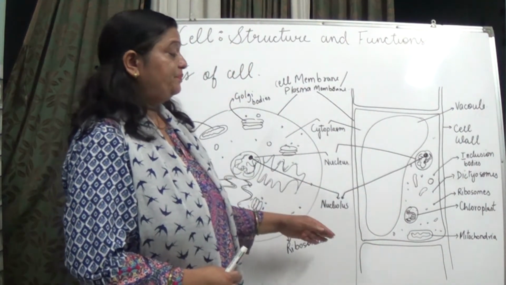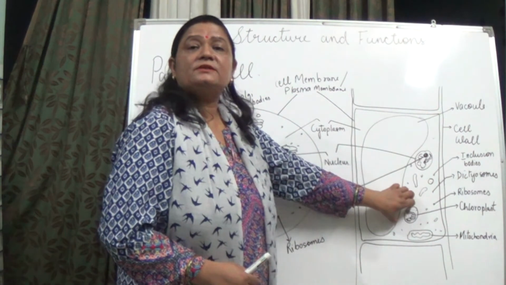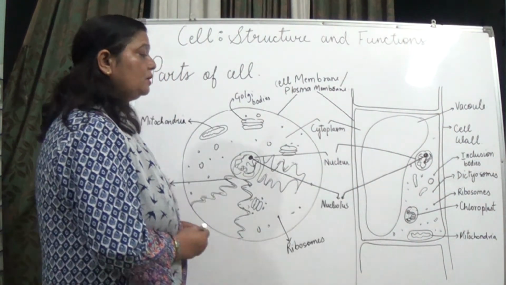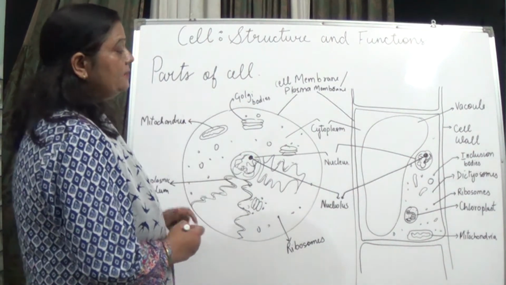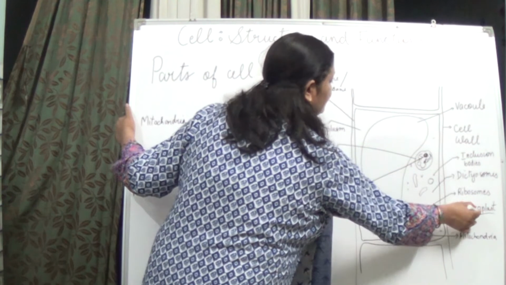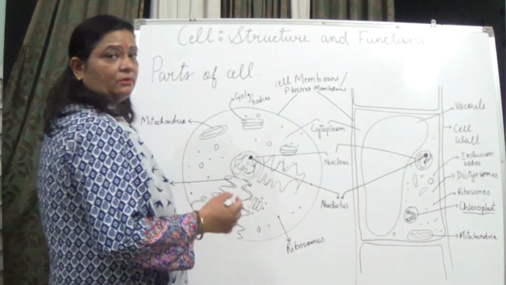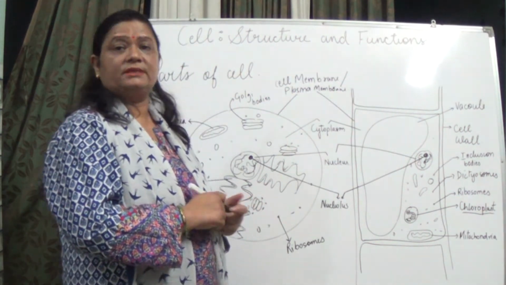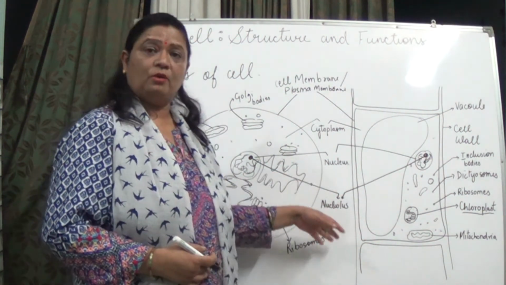Now this plant cell consists of plastids. When we talk about plastids, the green one is known as the chloroplast. From chloroplast the word chlorophyll comes, which helps in photosynthesis, meaning preparing of food.